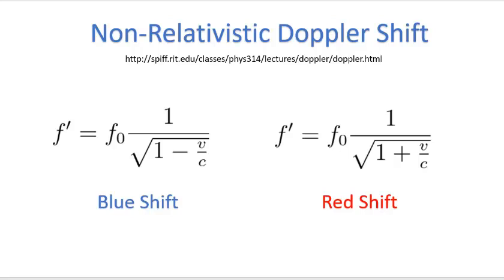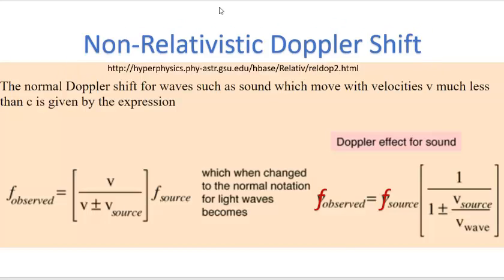So when I write the equations, I am going to try to be consistent and always use F for frequency and V for velocity. And so let's go back to the non-relativistic Doppler shift from Hyperphysics, and you'll see there's this equation here, and there's a plus and minus.